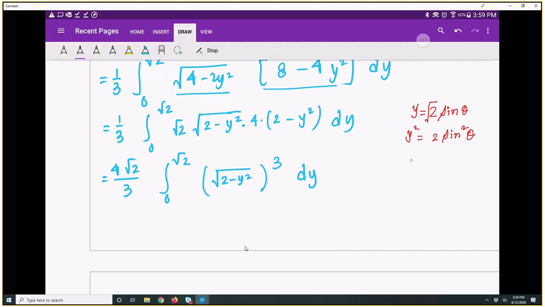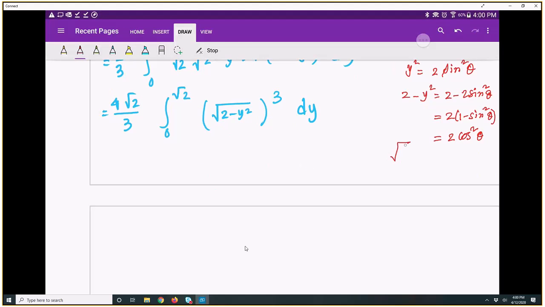So 2 minus y squared is equal to 2 minus 2 sine squared theta. If I factor out the 2, I get 1 minus sine squared theta, which is cosine squared theta. So I get 2 times cosine squared theta. Then I take the square roots on both sides. I get square root of 2 minus y squared is equal to square root of 2 cosine theta.